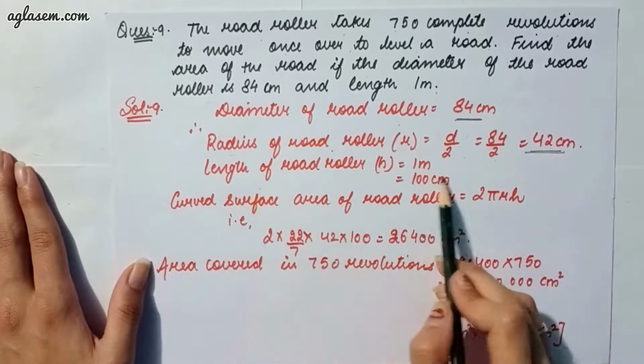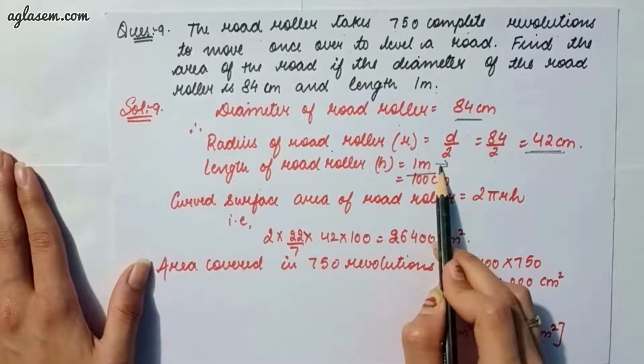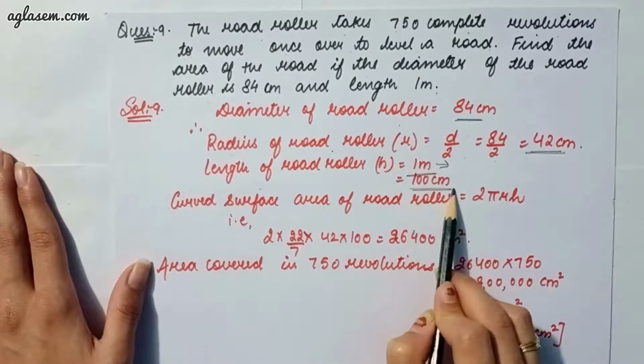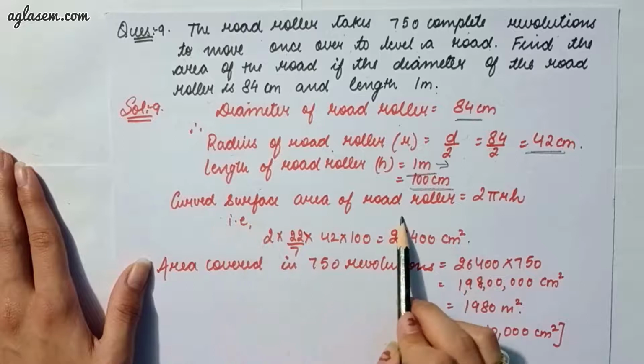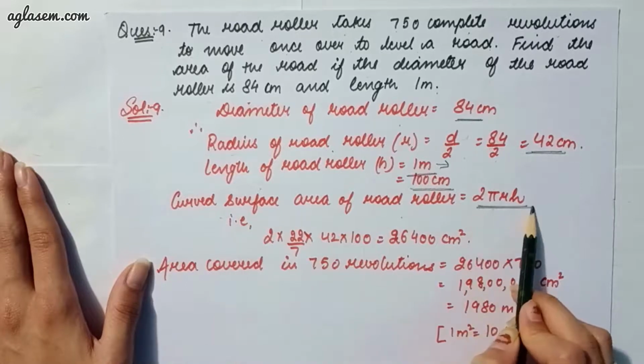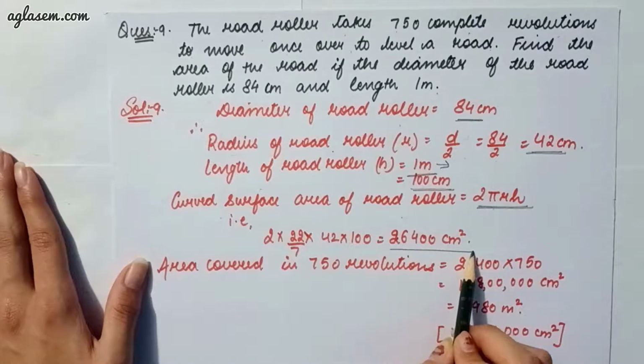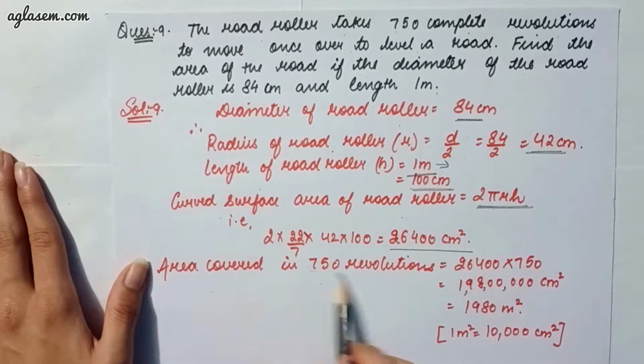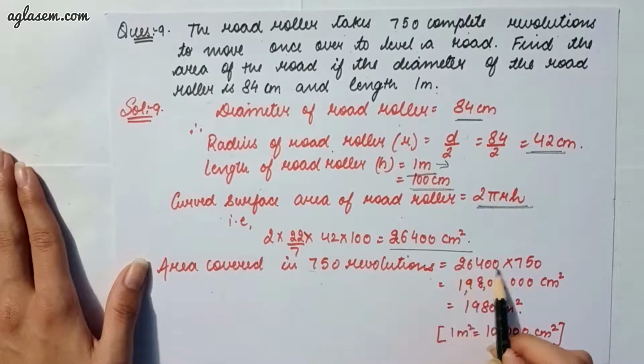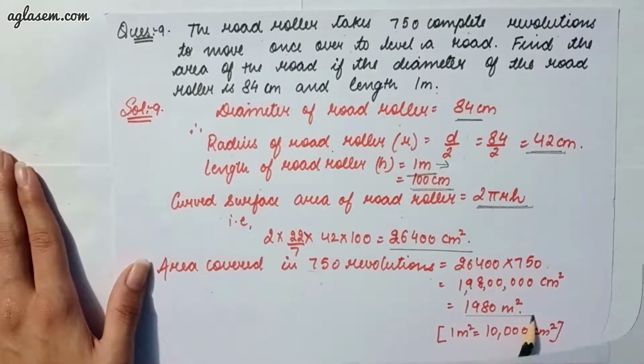The length is 1 meter, so we will convert this meter into centimeter, that will give us 100 centimeter. The curved surface area of the road roller is 2 pi r h. By applying the formula, you can have 26400 centimeter square. So the area covered in 750 revolutions is 26400 into 750, which will give you 1980 meters square.